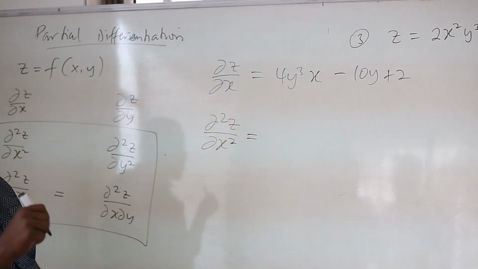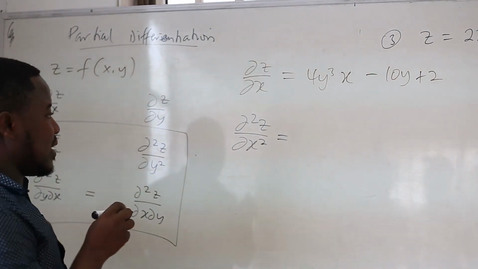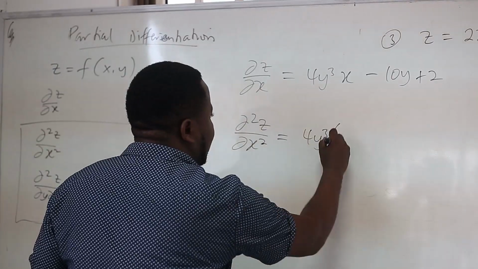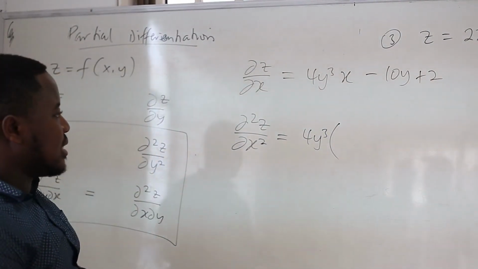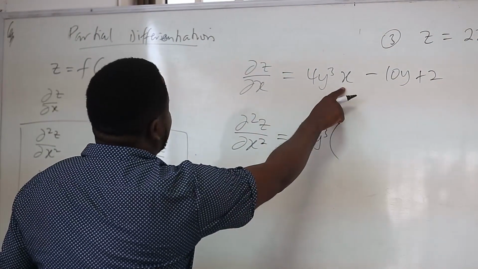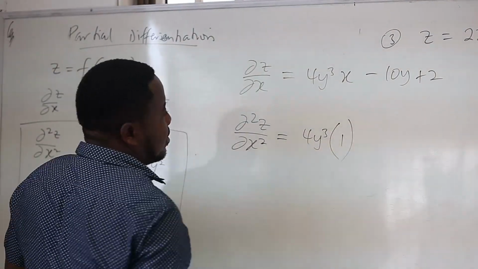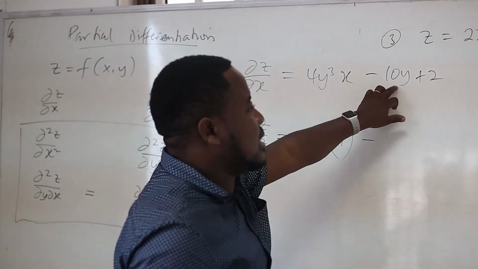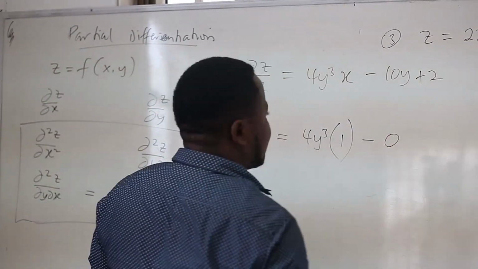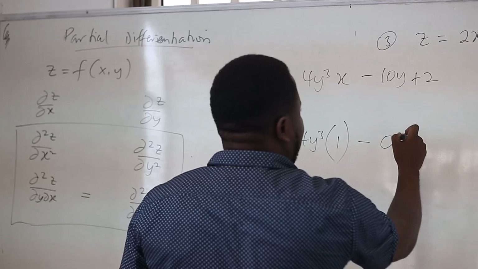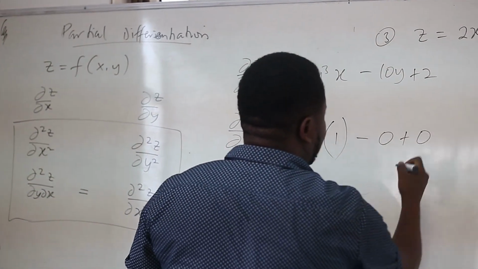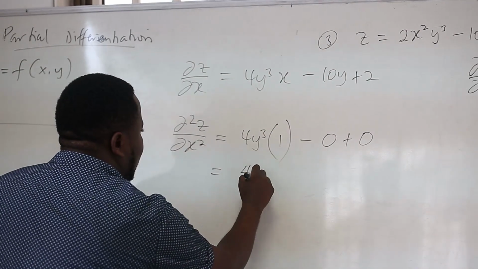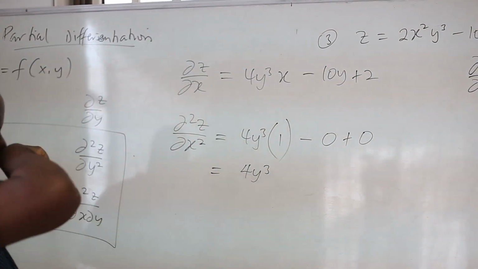Again, y becomes constant, so 4y cubed is constant. If we differentiate s, we get 1. Then minus, there's no s here, so this gives us 0, plus there's no s here, this also gives us 0. So in the end, this is just equal to 4y cubed.